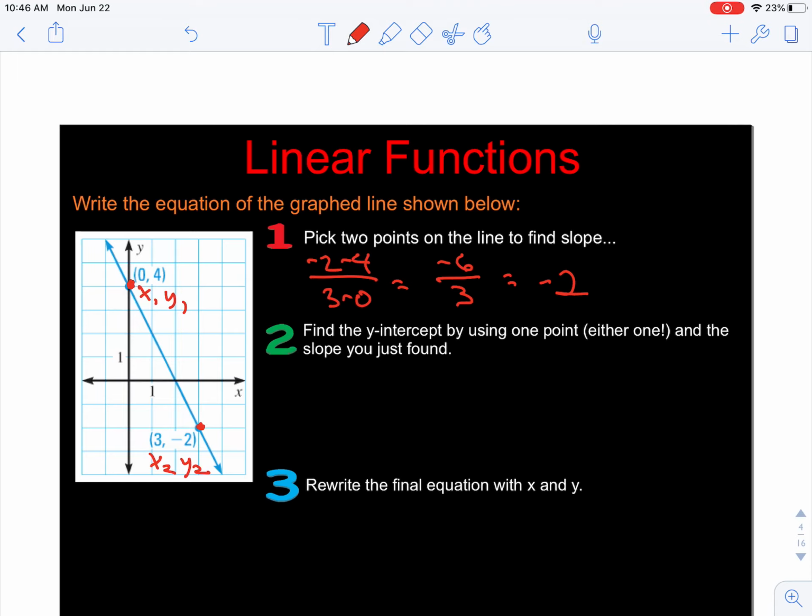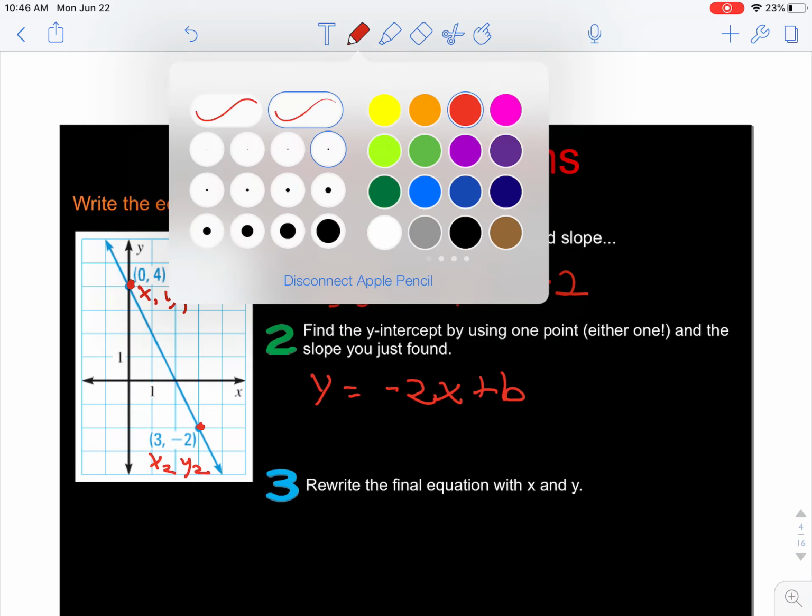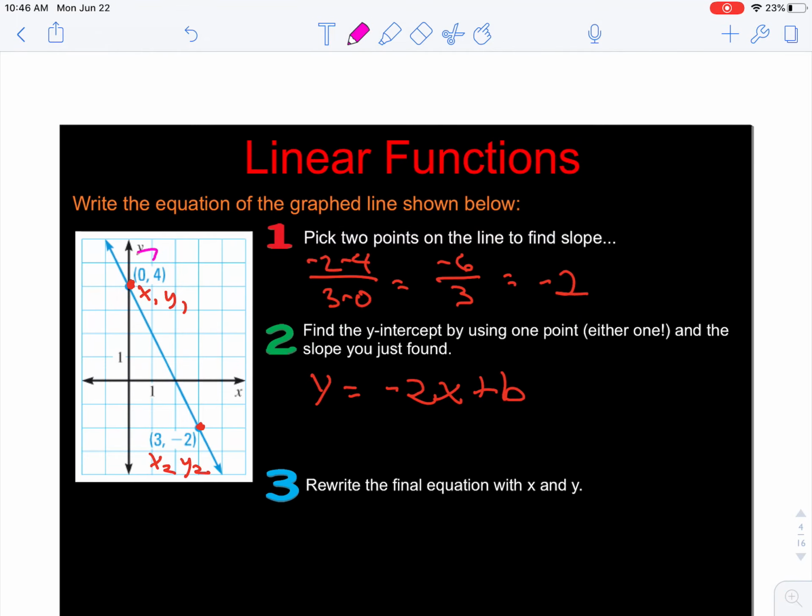So once you find the slope, you put it in y equals mx plus b, but now you need to take one of the points that you're given, whichever one, and you have to plug the x value in for x. So I will put -2 times 0 plus b equals my y value of 4.